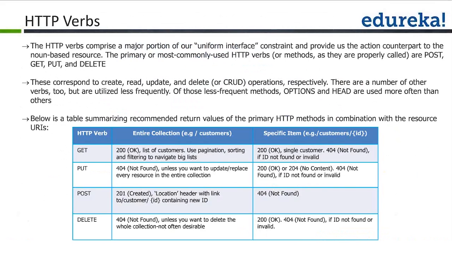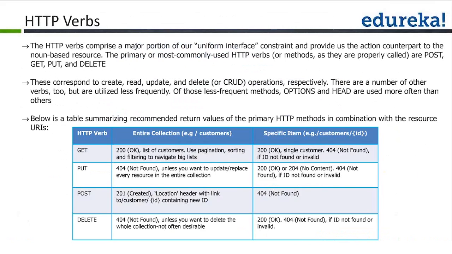In the table that you see here, we have tried to encapsulate some additional details of these HTTP verbs or HTTP methods, just to give you an overview, because once you start writing your services, these status codes would be important for you to do error handling.